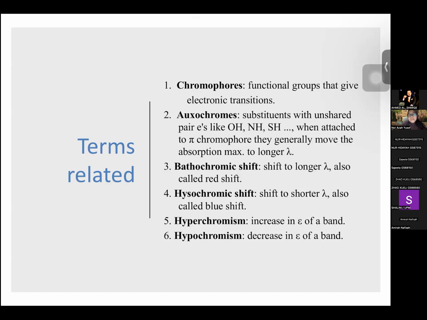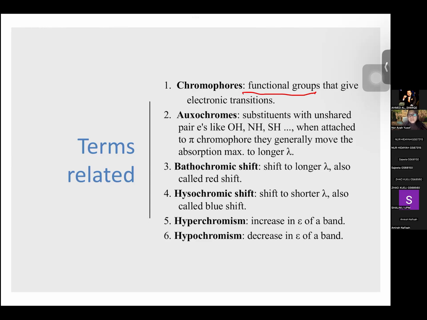Here are some terms that you have to make sure are at your fingertips. What is chromophore? As Sajita mentioned, this is the one that absorbs the light. Why? Because it has specific functional groups that have free electrons.